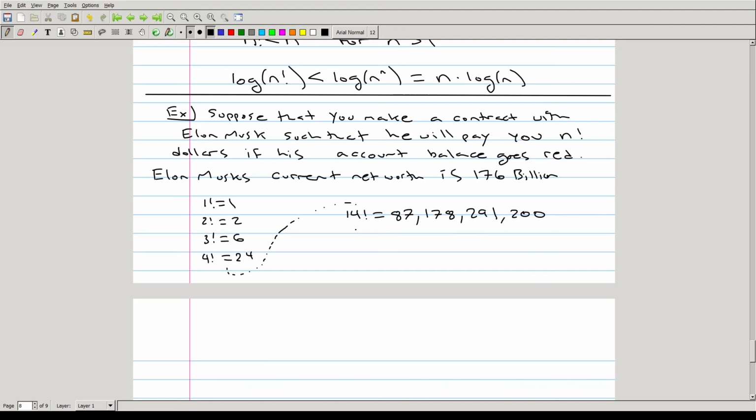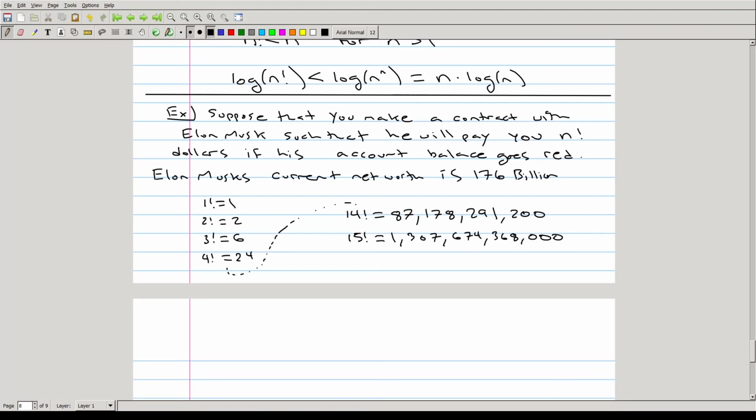And on the 15th day, 15 factorial is 1,307,674,368,000.